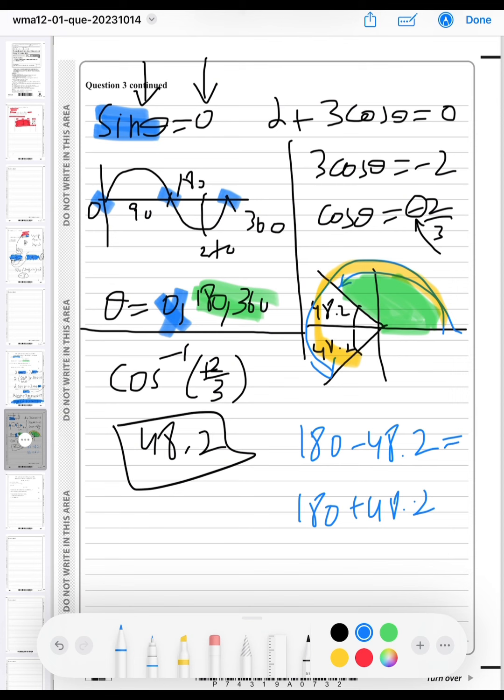So the answers are, let me calculate it. 180 minus 48.2 is 138.8, and the other one is 180 plus 48.2, which is 228.2.